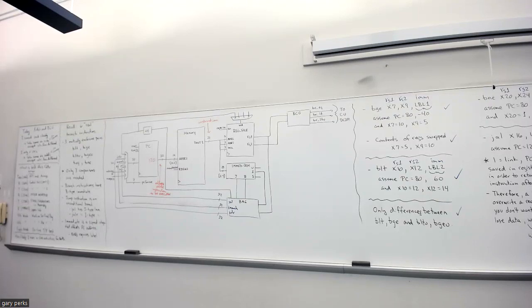The RS1, RS2, RD? It's RD. And again, this is our immediate, and you can see we're just going to use an immediate of -100.